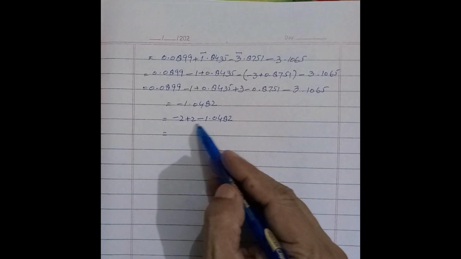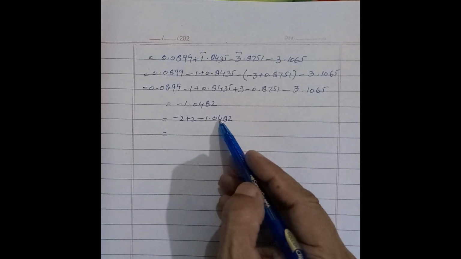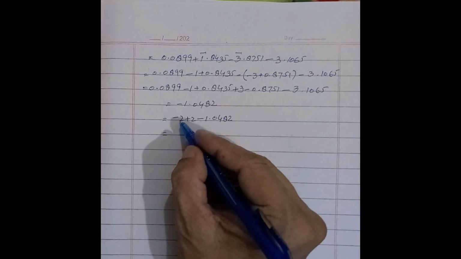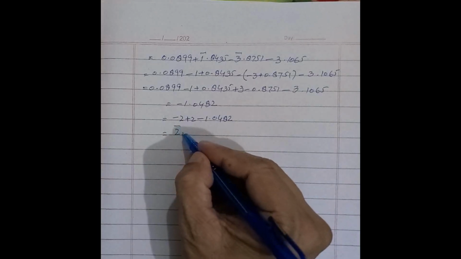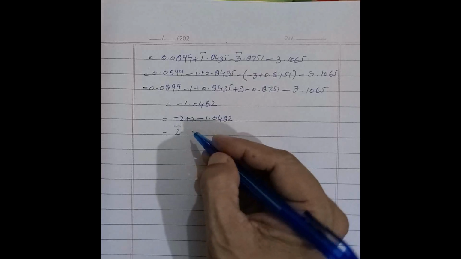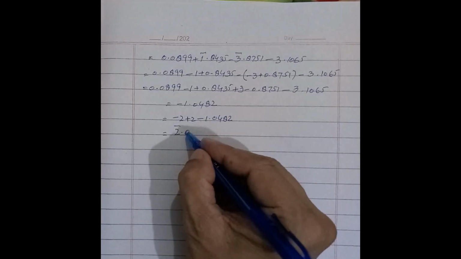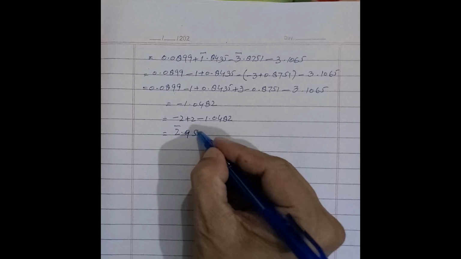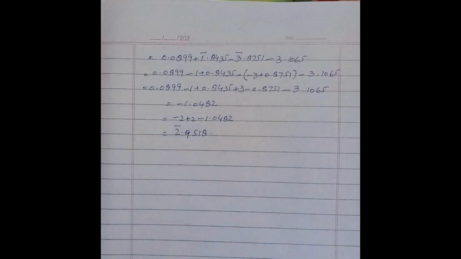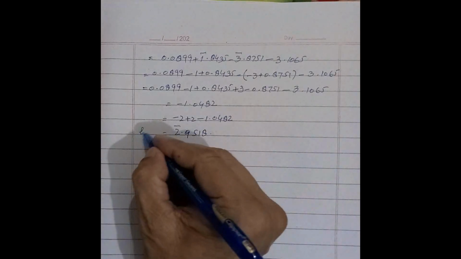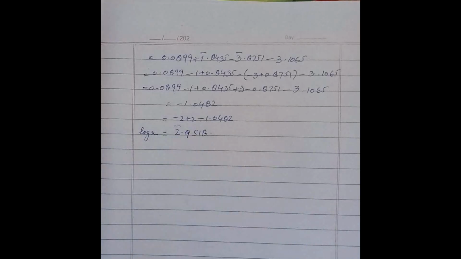Solving, 2 minus 1.0482, we get 2 bar 0.9518, and this is equal to log of x.